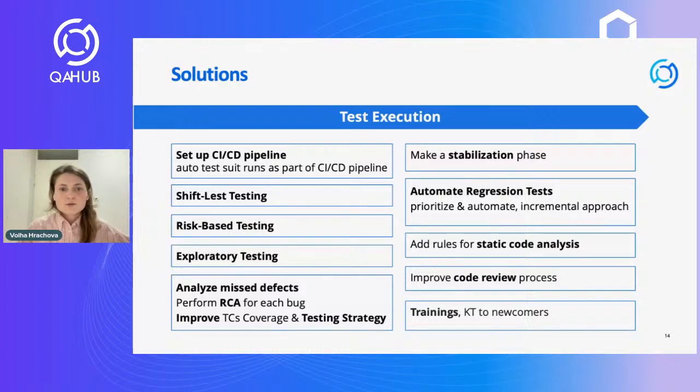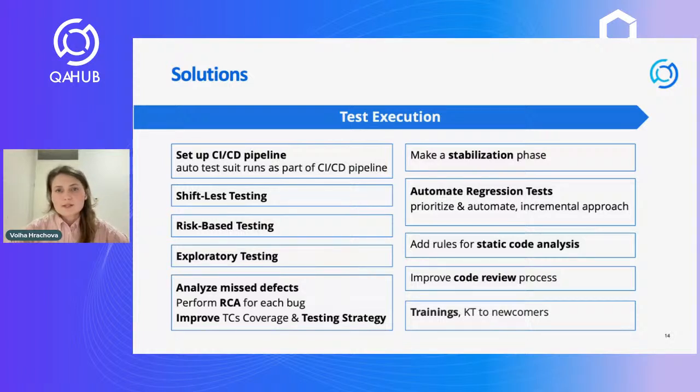Besides passing the test cases, it's good to have some creative testing, perform some exploratory testing and check additional flows, not just basic flows, and be curious and open-minded to follow additional scenarios. It's always a good strategy.